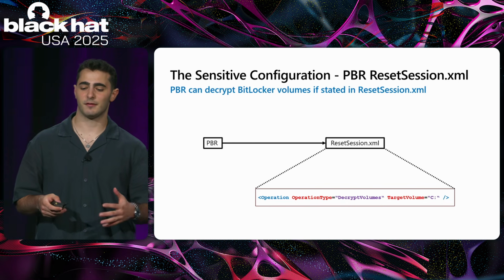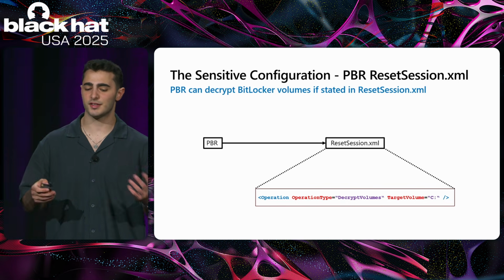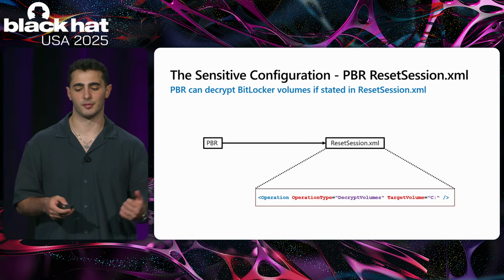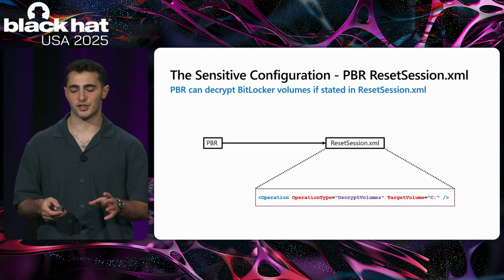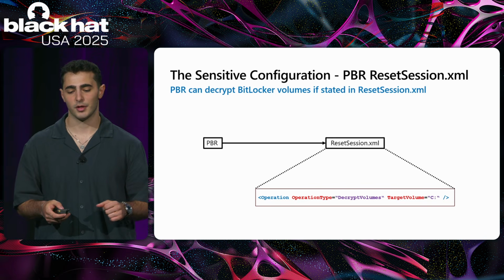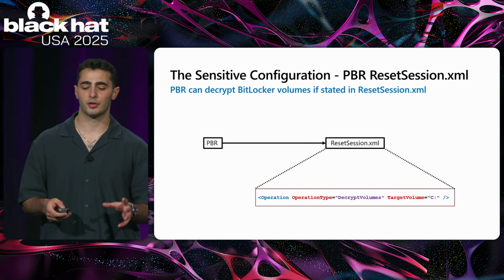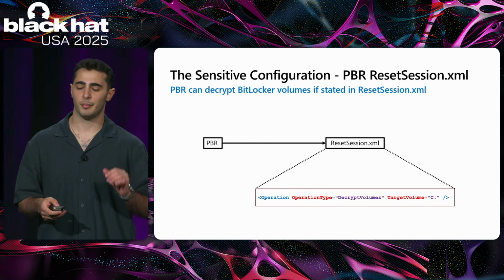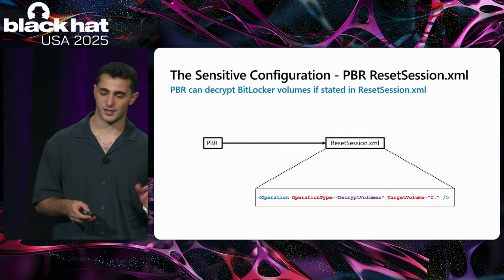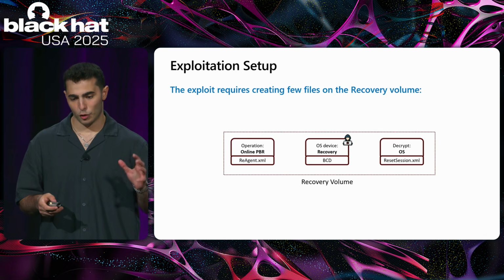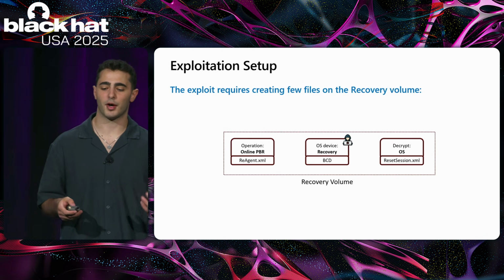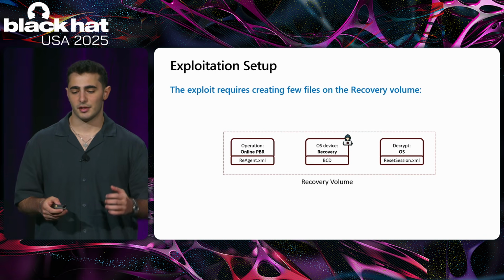Specifically, the sensitive configuration that we identified was an XML file named reset-session.xml, which defines all operations executed by PBR. Notably, it includes the decrypt volume directive, which instructs PBR to decrypt any arbitrary BitLocker encrypted volume. So this is very interesting. We now have all the pieces that are required for the full BitLocker bypass.